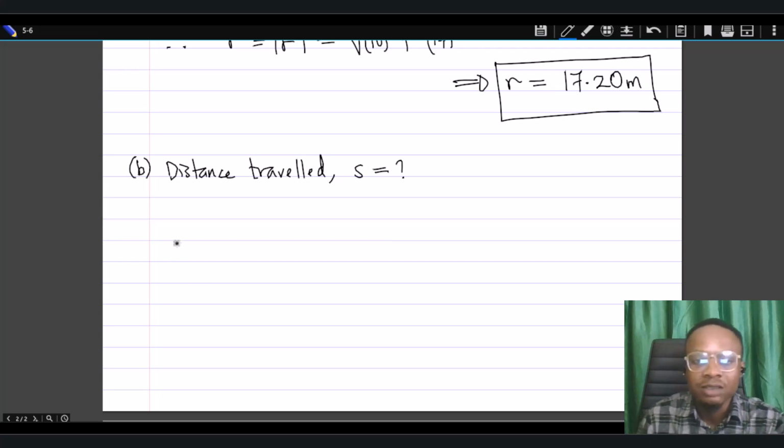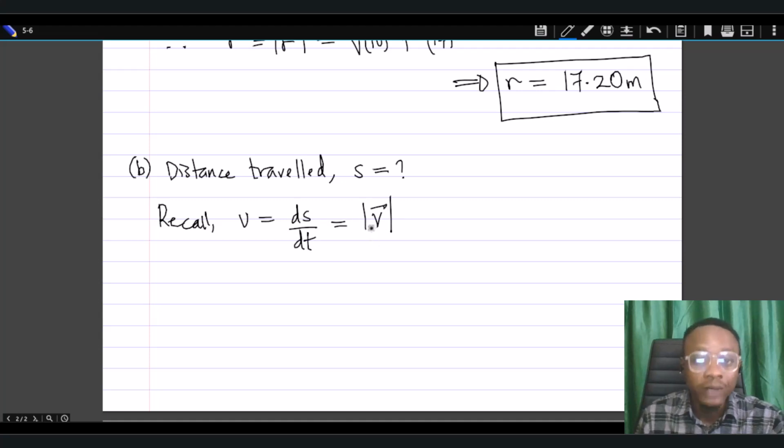So recall, for instance, that speed v, which is equal to ds/dt, is actually equal to the magnitude of velocity. So we can get the magnitude of velocity and use that to obtain this result, which will give us the speed. So we are very certain that ds/dt, which is speed, is actually equal to the magnitude of velocity.